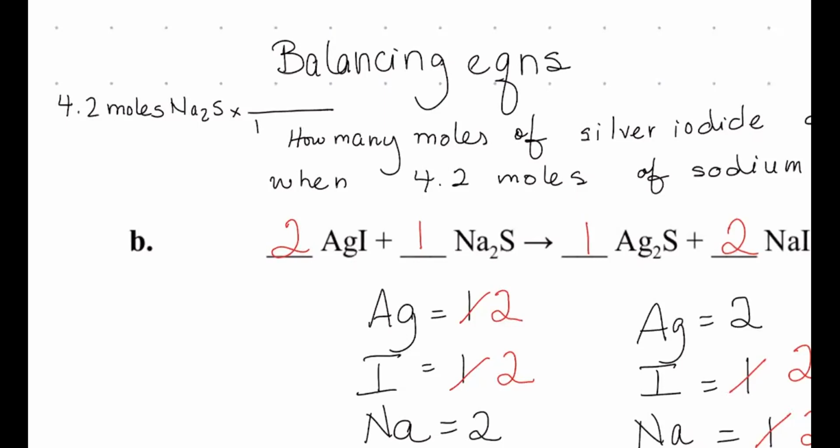Based on my balanced chemical equation, for every 1 mole of Na2S, and on top I put the coefficient of AgI, 2 moles of AgI. I multiply 4.2 times 2, and that's my answer. Questions about that first calculation?